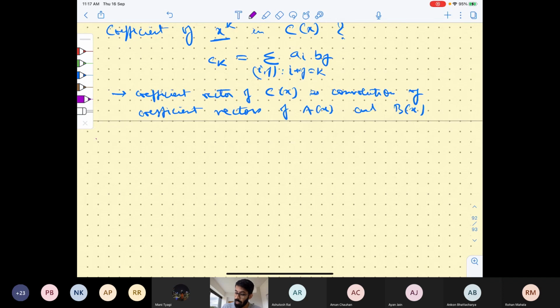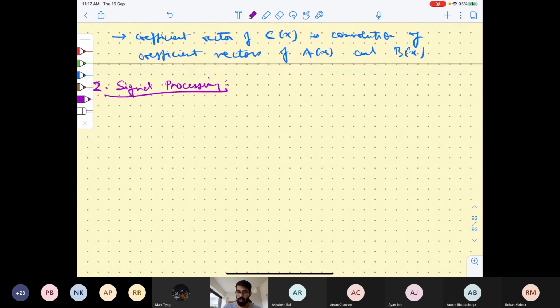Another application which is very widely used is signal processing. So what is signal processing? Suppose we have some real world data that is noisy.